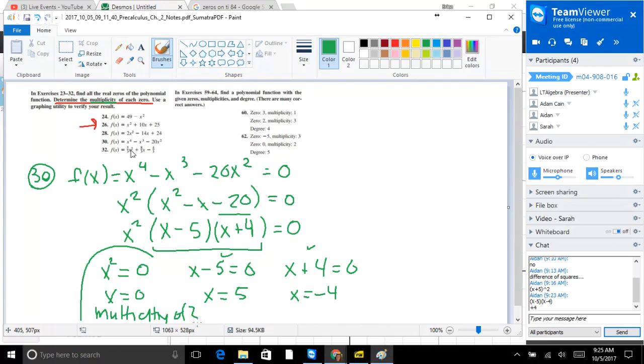Because we have one of our factors, right, is to the squared power. So let's say instead we had pulled out an x cubed, like this was x to the 5th power. If we had x cubed equals 0, then that would have been a multiplicity of 3. That kind of click? Cool.